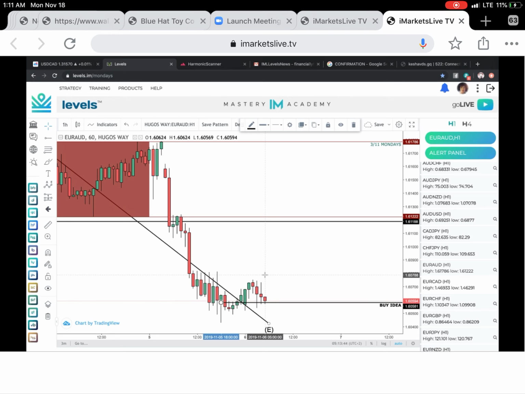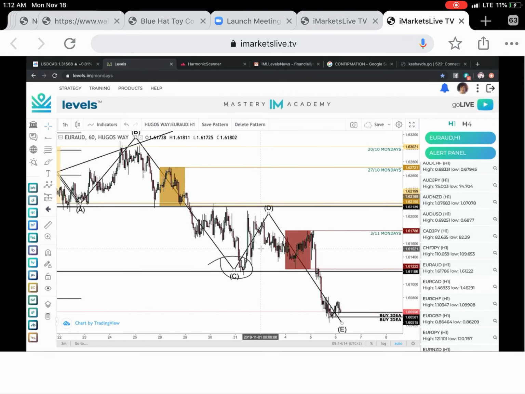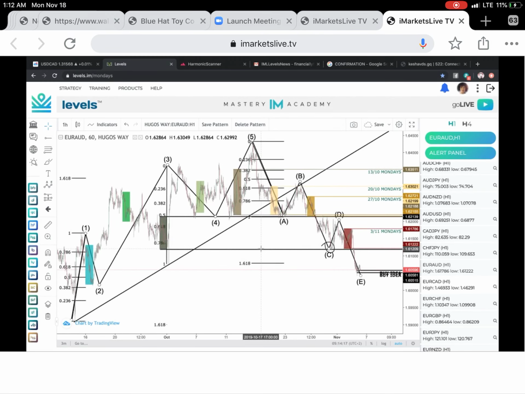All right, 1.60. I'm in profit. That's one of my entries. So when it dropped down lower, is my other one here. And then TP can be anywhere. So you got 25 pips, but I'm going to look for an extension. All right, here we go. 50% of Monday right here.